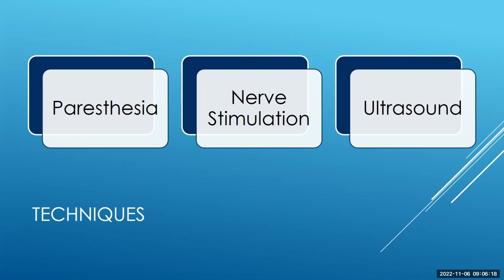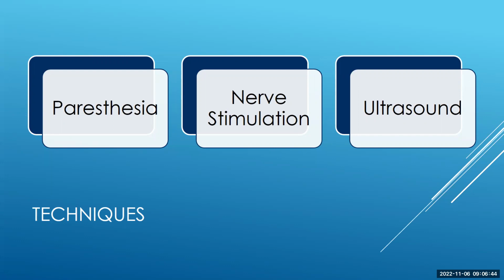First, we're going to discuss the various techniques for finding the nerve of interest or plexus of interest. Basically, we started off with the paresthesia technique. So you may palpate an anatomical bony prominence or pulse, and then seek paresthesia from that nerve when your needle comes in contact with it.